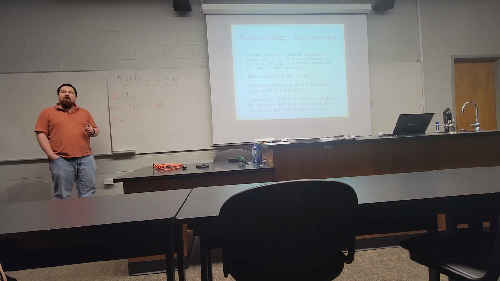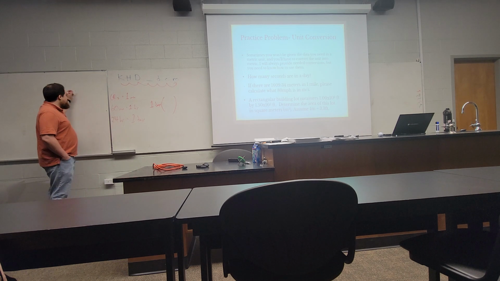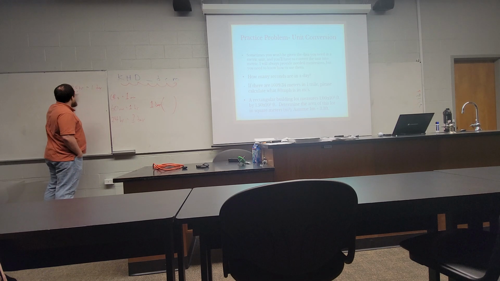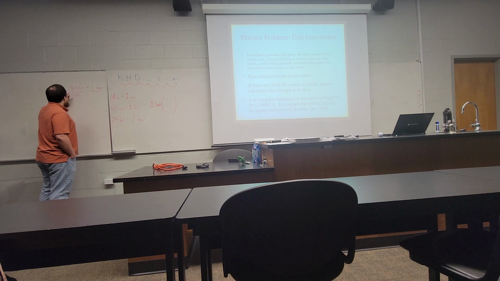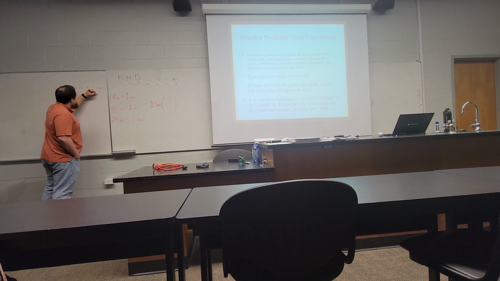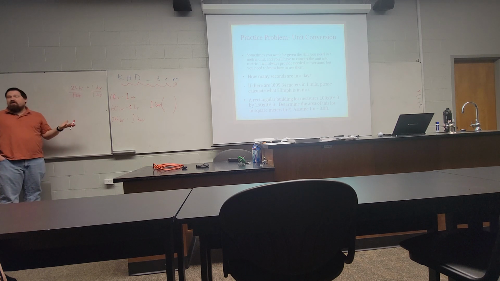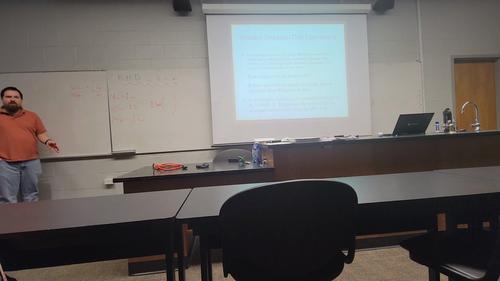But I could also divide both sides by 1 day. So what I'm going to do is, 24 hours equals 1 day, I'm going to divide both sides of this equation by 1 day. Now on the left, we now have a fraction, and on the right, we have something divided by itself. And when you divide something by itself, what happens? It just becomes 1. 1 over 1 is 1, 2 over 2 is 1.